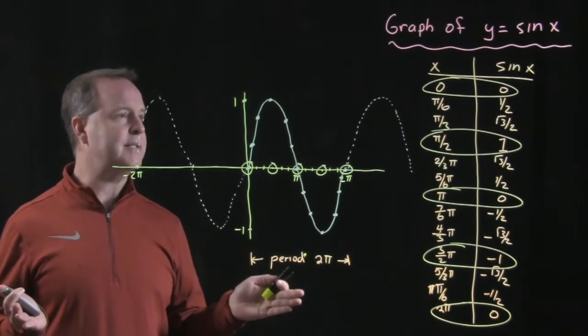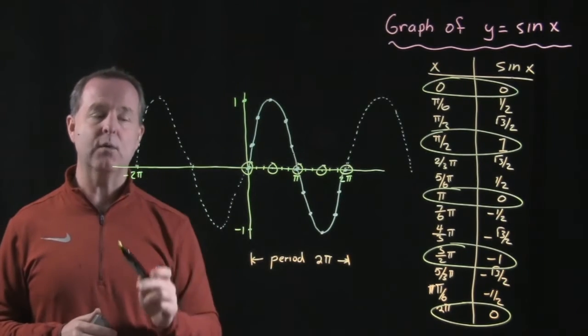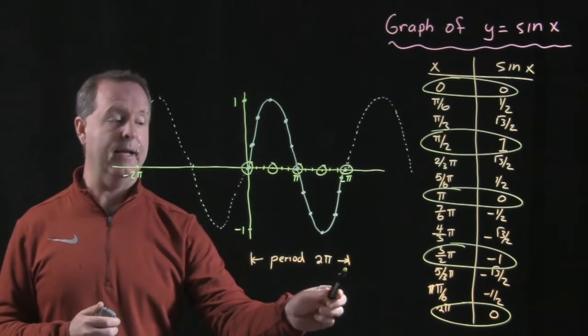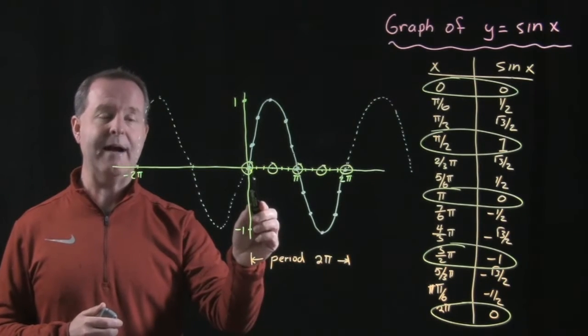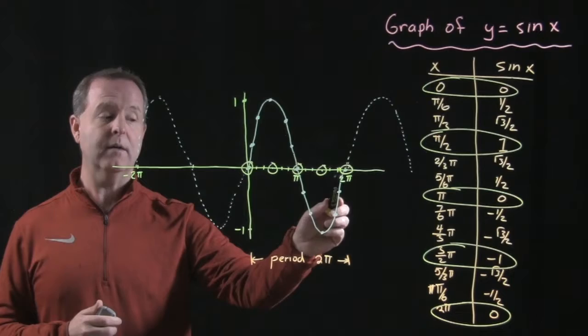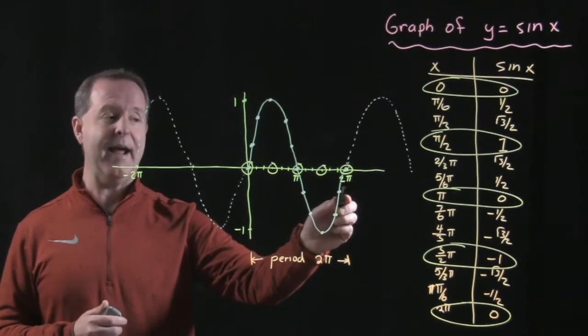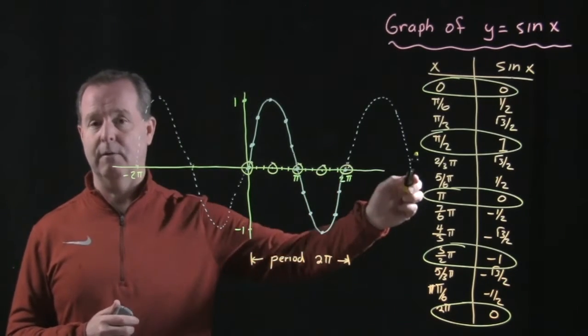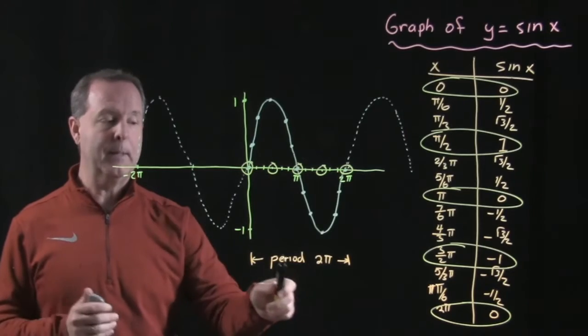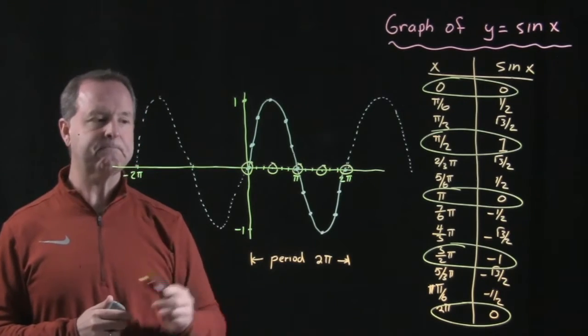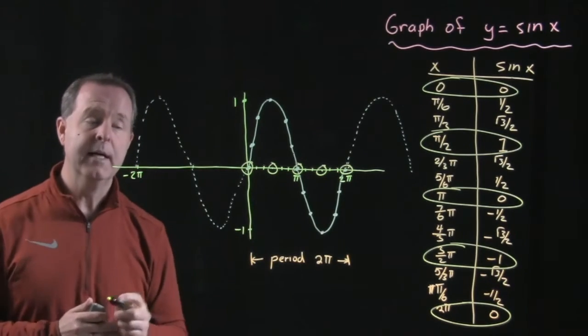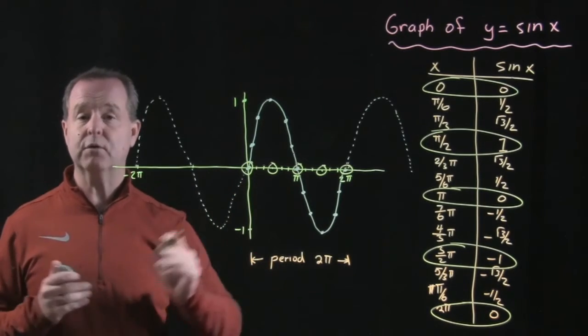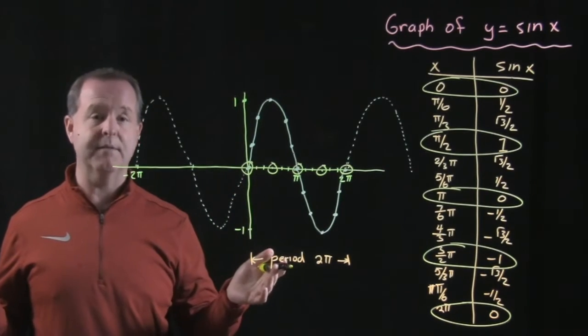All right, a couple other things that maybe we can point out is notice that we have a period of 2 pi. What that means is that the graph is distinct for a length of 2 pi, but after that it begins to repeat itself. So it has a period of 2 pi. The sine graph also continues on in both directions for an infinite amount of time.